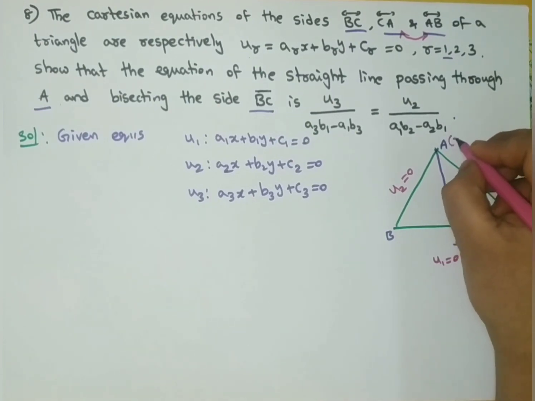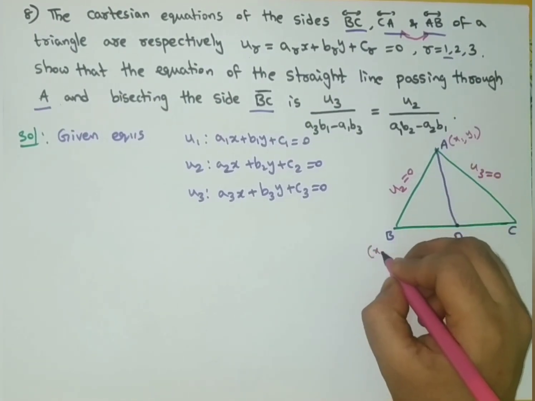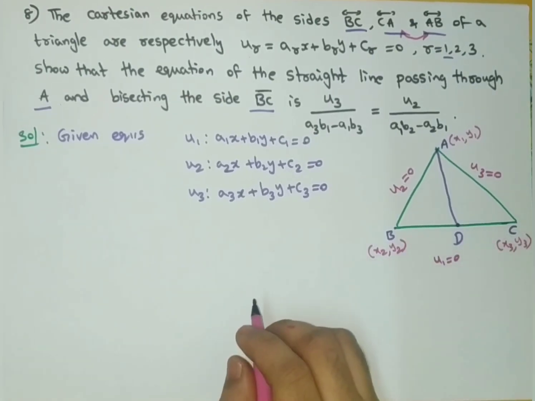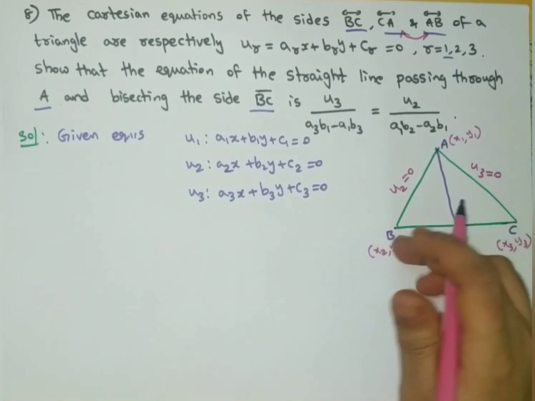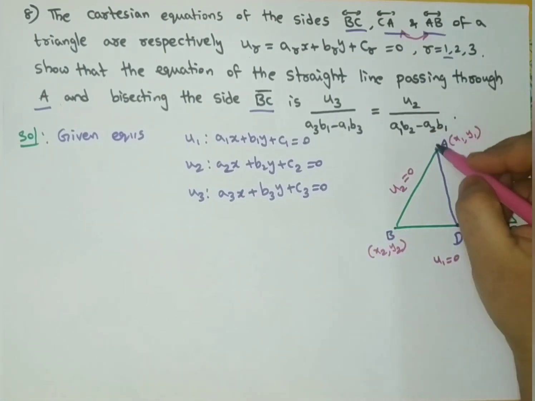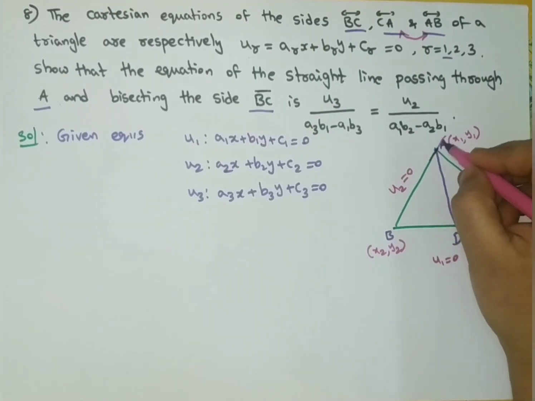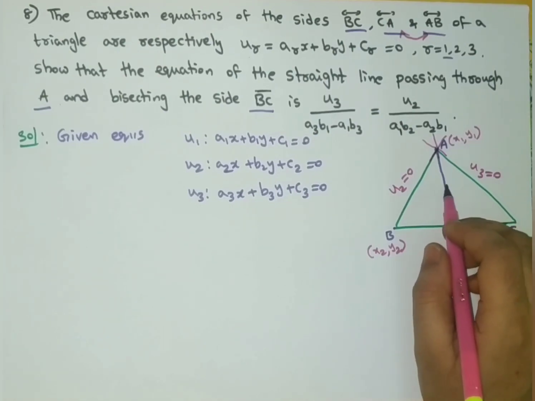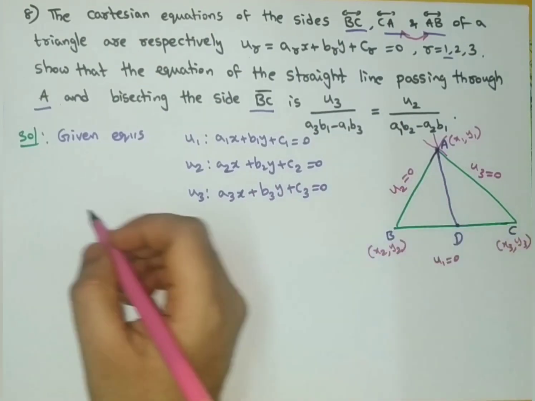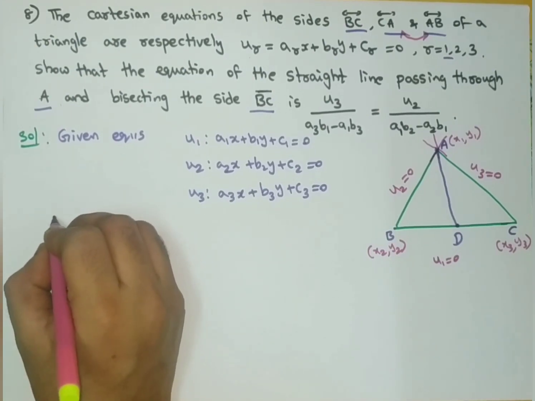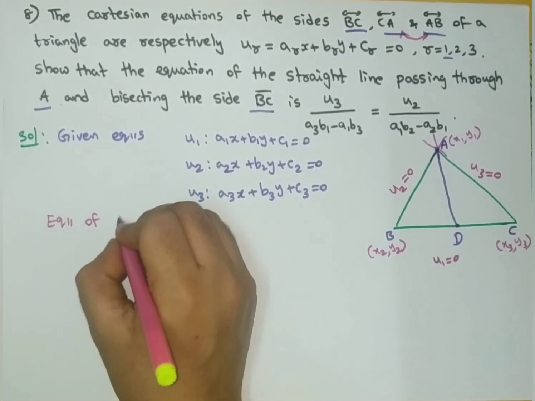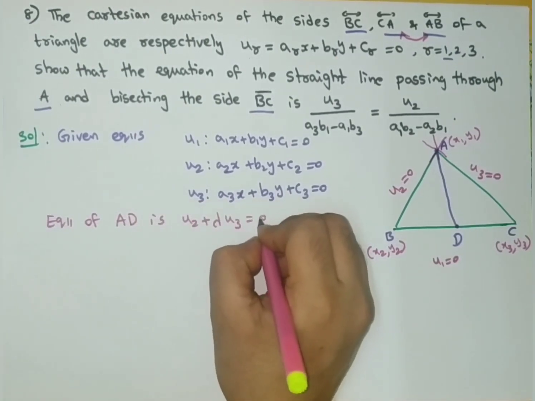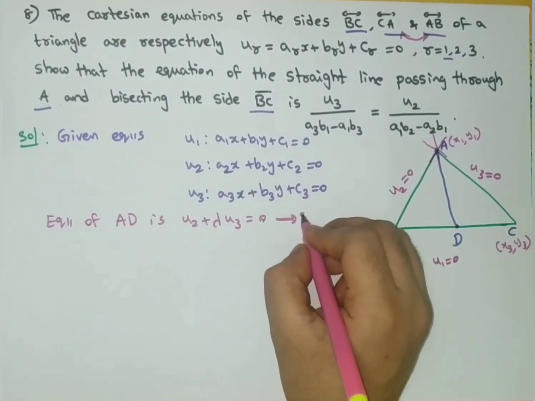Now assume that A coordinates are (x1, y1), B coordinates are (x2, y2) and C coordinates are (x3, y3). Can you tell me the equation of AD? The equation of AD passes through the point of intersection of these two lines. So the equation of AD is u2 + λu3 = 0.